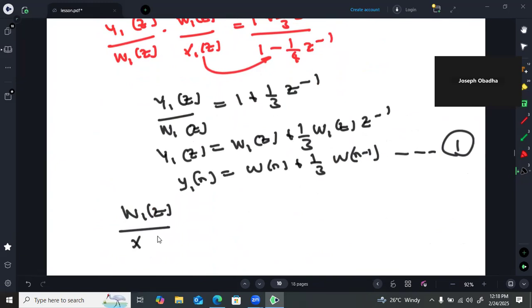Actually this does not need to be X1, it is just X. Equal to 1 over (1 - 1/4 z^-1).